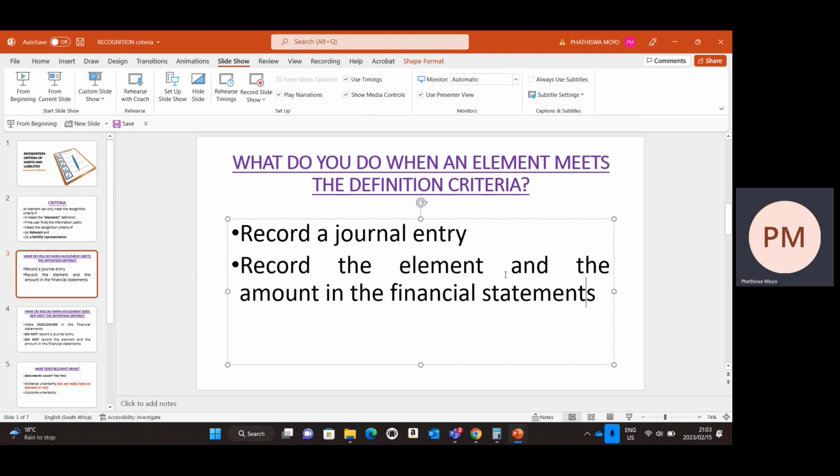So if you agree that this is an expense, obviously you'll put it in the statement of profit or loss and other comprehensive income. If you agree that this is an asset, you'll present it in the statement of financial position.